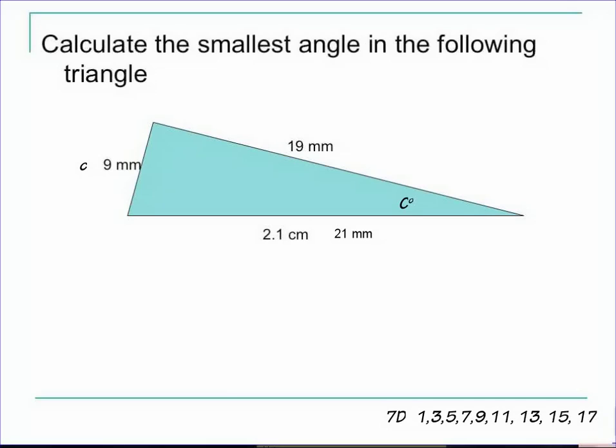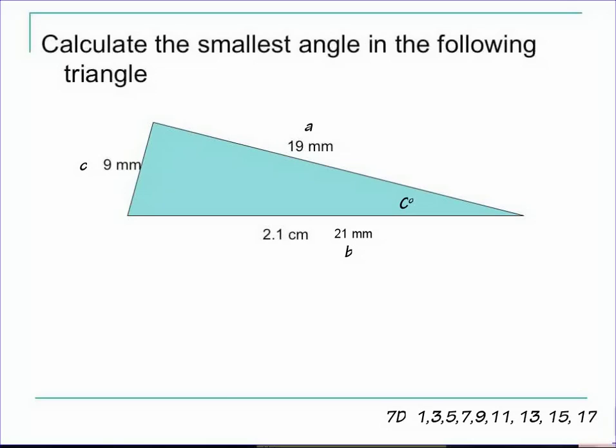So what we've done is we've labeled the triangle, and we've also changed the units to all be the same. Then the next step is to write down the formula that you're going to use to solve it. So the formula that you're going to use is the cosine of C formula, which is this one here.